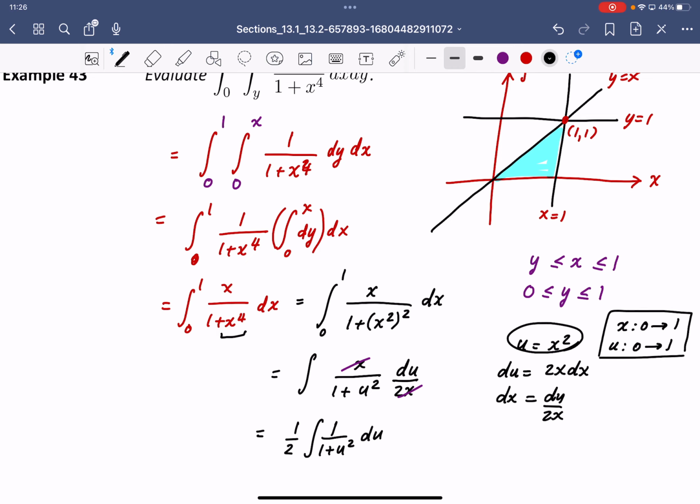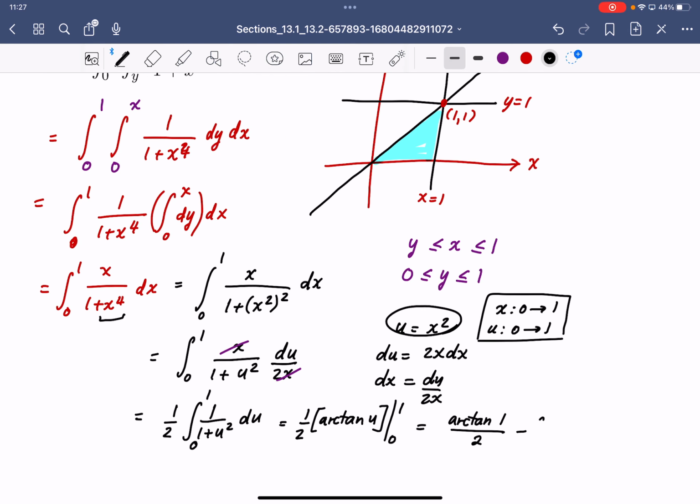Now you integrate here, you get 1/2 arctan u, and then you plug in u equals 0 and 1. At the end, you get arctan 1 over 2 minus arctan 0 over 2. Arctan 0 is 0, arctan 1 is pi over 4, so the answer is pi over 8.